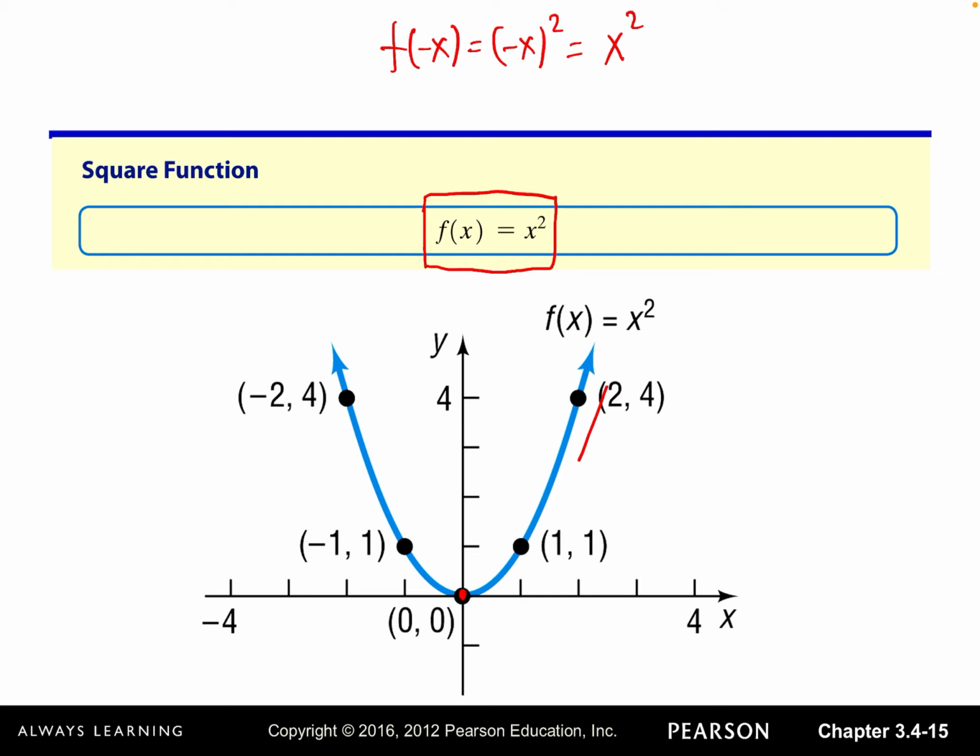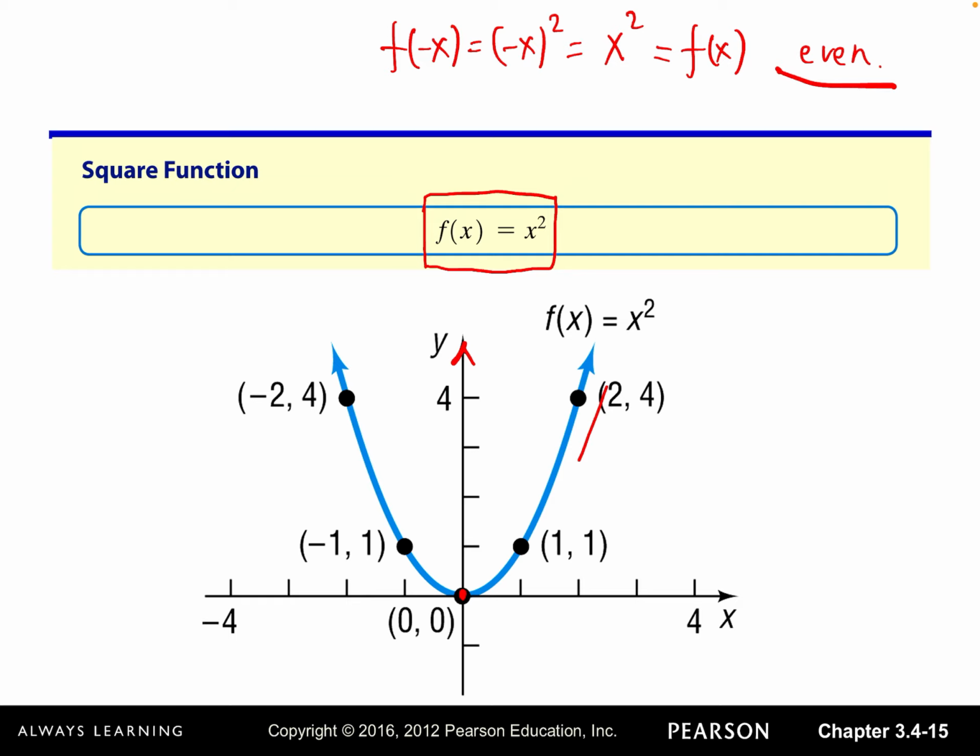So we get the same as the original function f of x. That's an even function. Parabolas have the symmetry property, remember we talked about that in the quadratic function section. So the graph is symmetric with respect to the y-axis, because it's an even function.